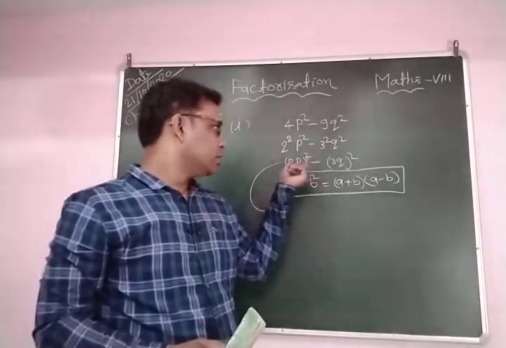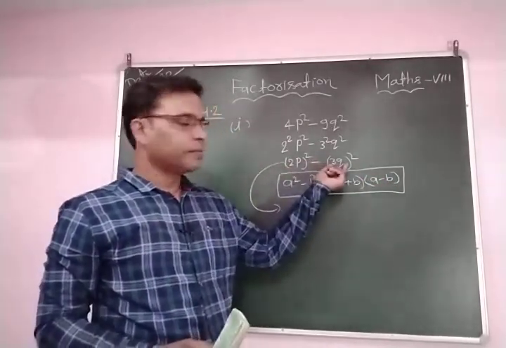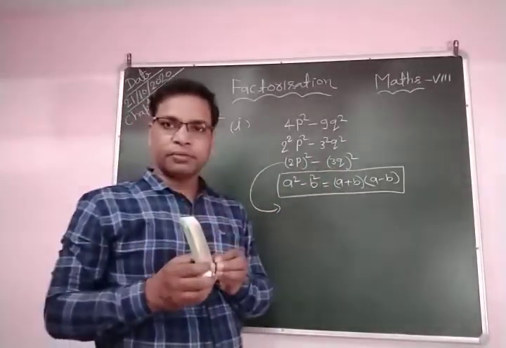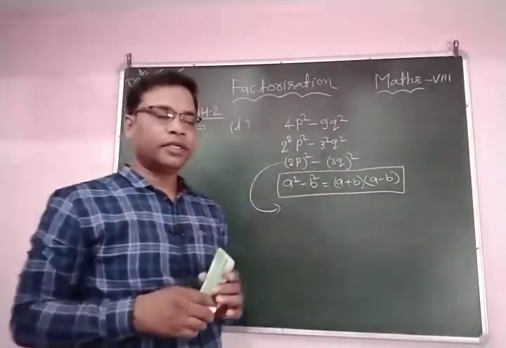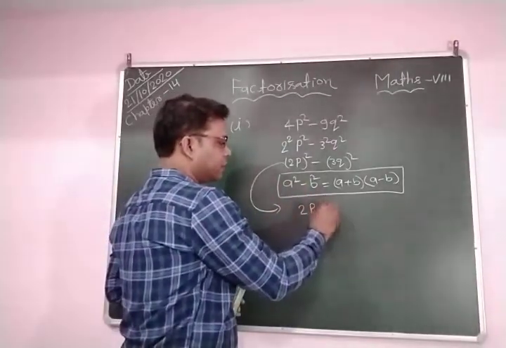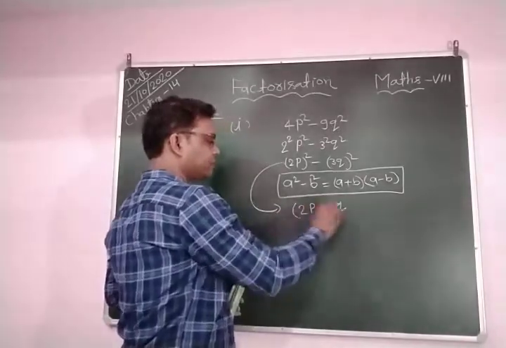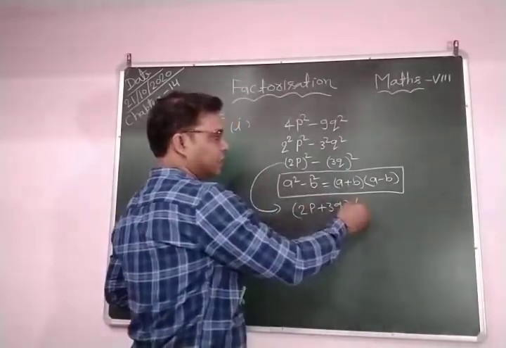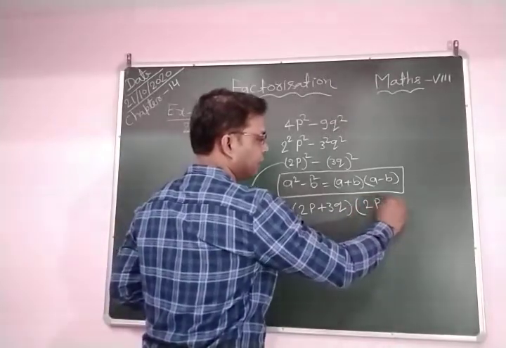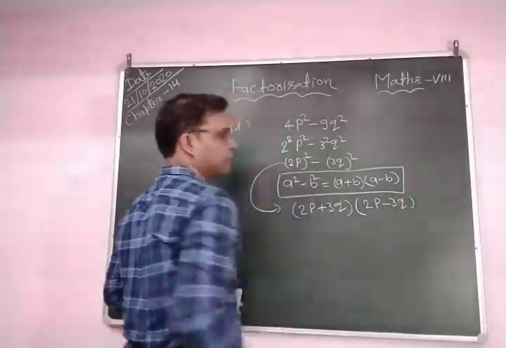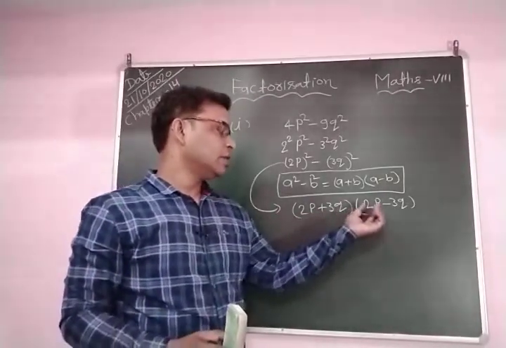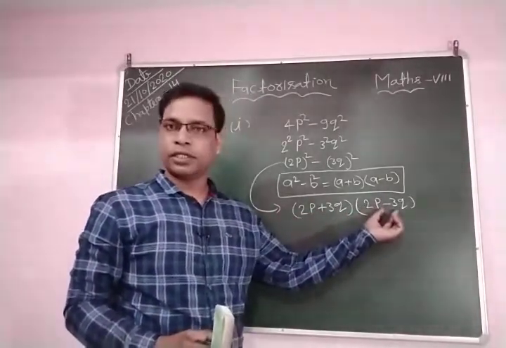So in the first bracket they are a sum, and in the second bracket they are a difference. So it becomes 2p plus 3q into 2p minus 3q. Clear?